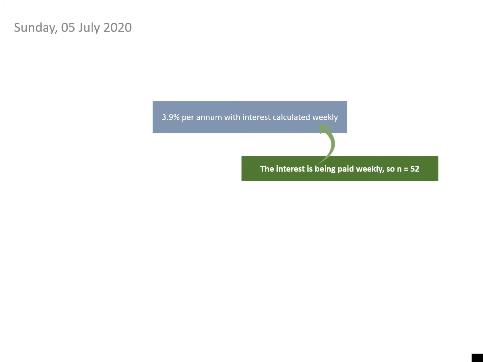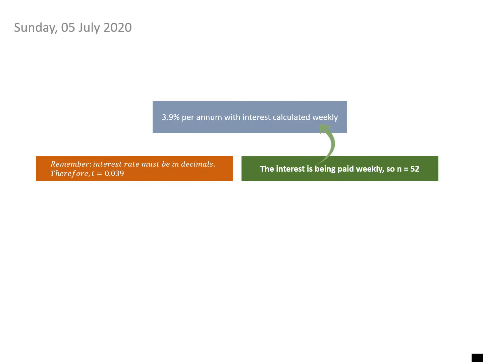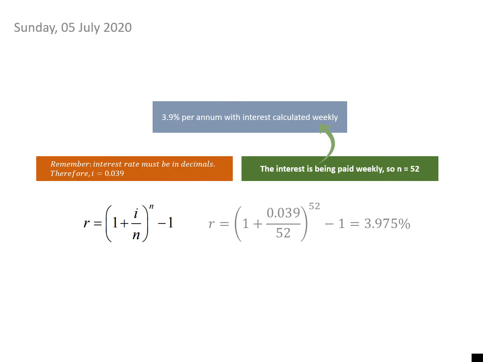So there's our N value of 52, our I of 0.039. Put it into the formula and work it through, and you'd get 3.975%. Okay, that's how it works.